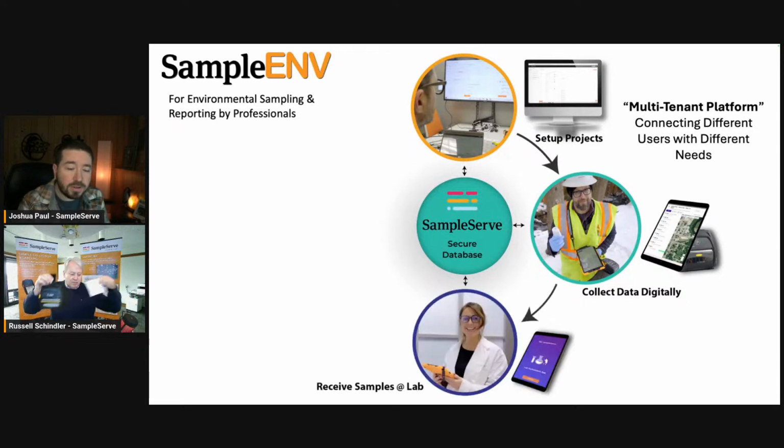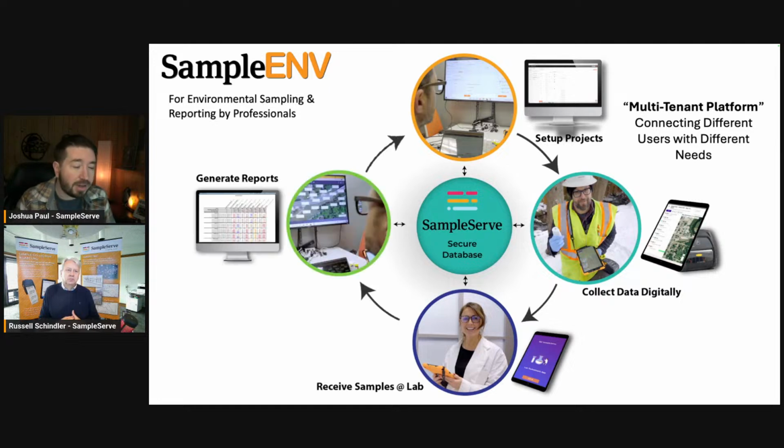Once all that data goes to the laboratory, it's optional for labs to use our lab app to log in and receive that sample using our free lab login app, as well as access the chain of custody very easily, upload and update their test library for their clients to choose from when they're setting up sampling work scopes, and also upload their lab data easily back to the platform for their client to start generating all kinds of maps, graphs, tables.